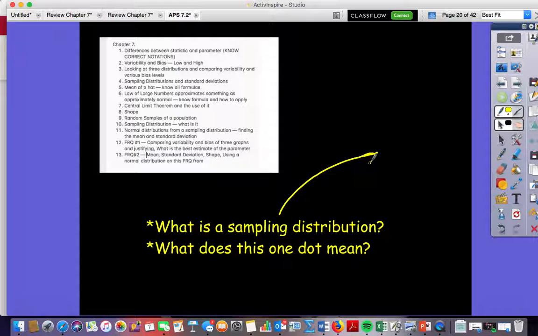Does that make sense? If you said mean, we're not there. You're not old enough yet. We are not talking about sampling distributions related to means on this test. Only proportions, okay? Don't go to 7.3. You'll confuse yourself. Just 7.2. The sampling distributions we've talked about only use p hat, which is just proportions.